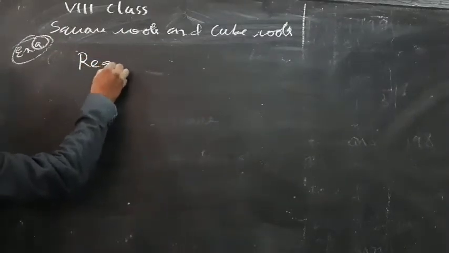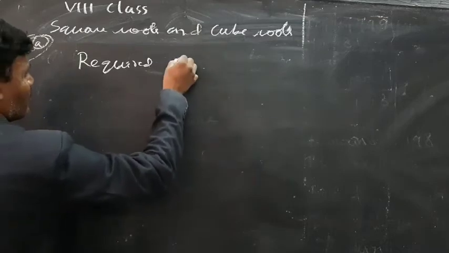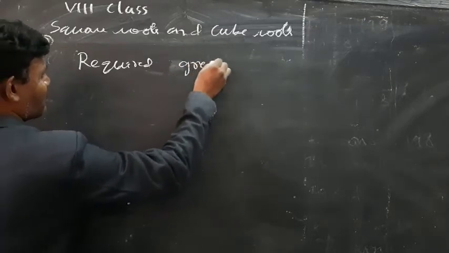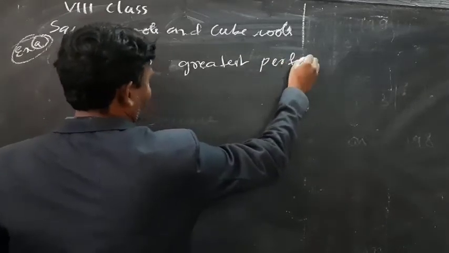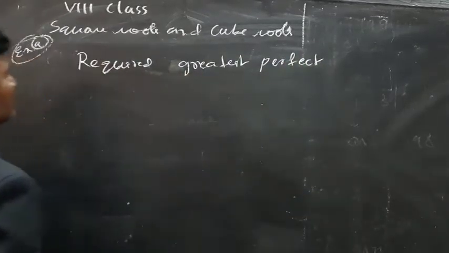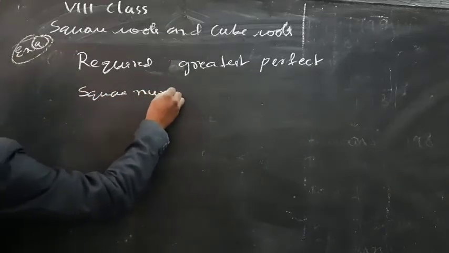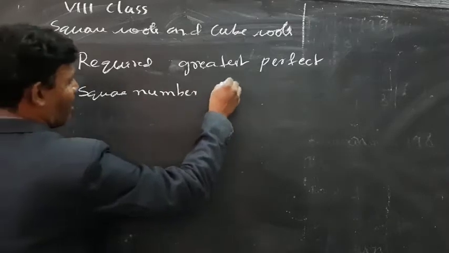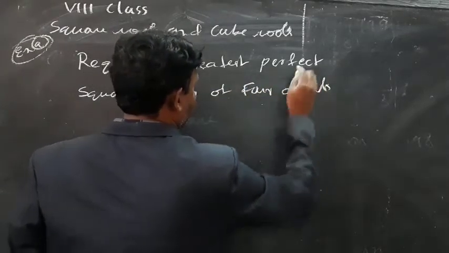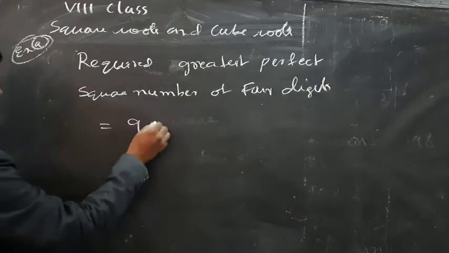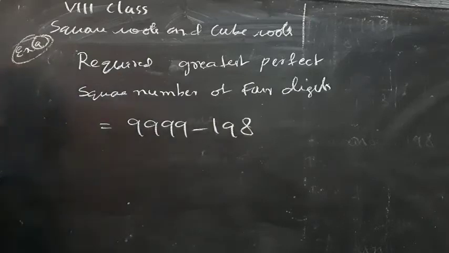Required greatest perfect square number of 4 digits is equal to 9999 minus the remainder. 198 is the remainder.